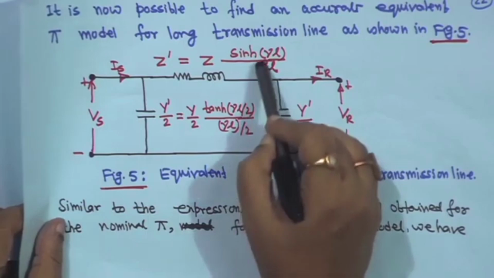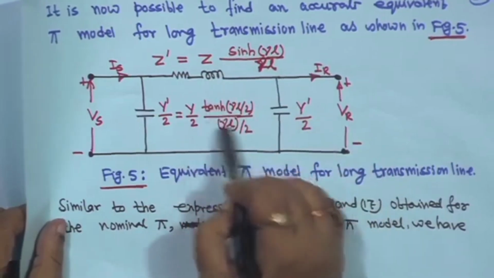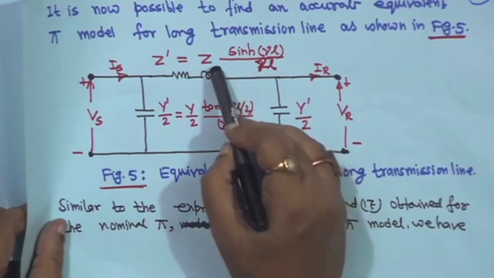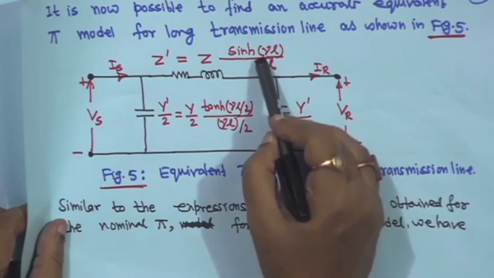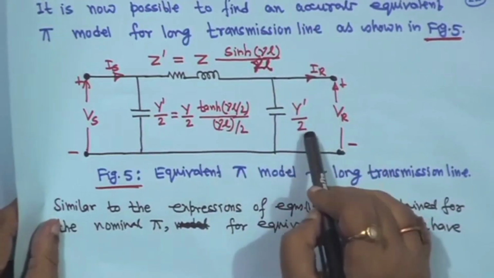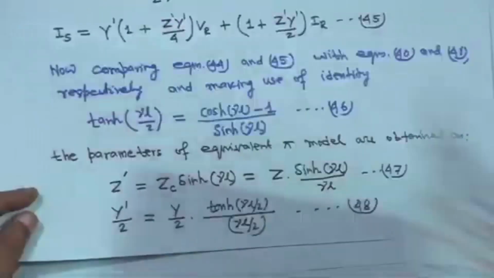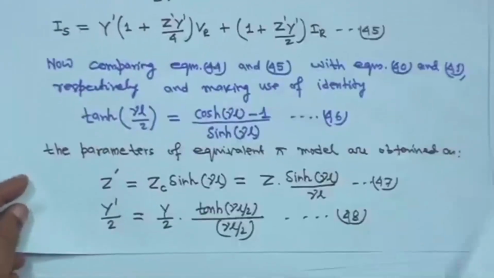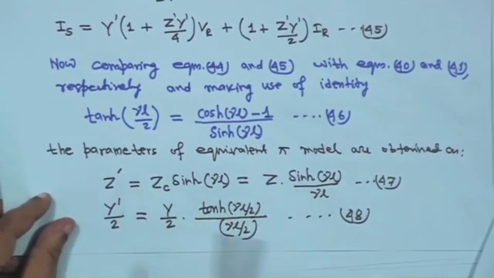So Z is multiplied by this factor, and similarly y by 2 is multiplied by this factor. Earlier it was only Z and y by 2, but for a long line, the more exact one, these two factors are multiplied. Here also y dash by 2 means the same thing. So now, how these two things are coming: Z dash is equal to this one and y dash by 2 is this one.